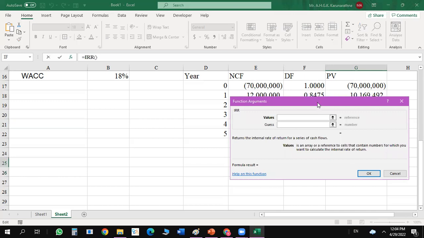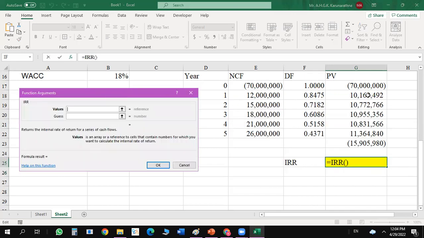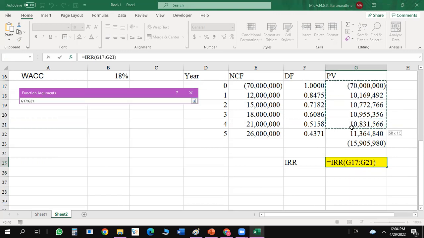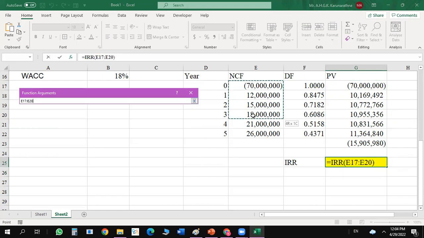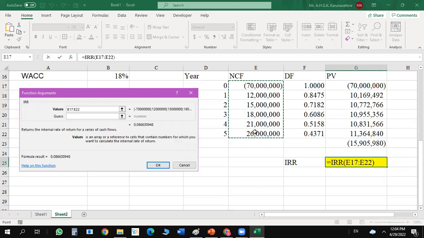It's very simple. Give the values. You are only required to select the values of the cash flows, not the percentages. Then guess, you need not guess, and say okay.